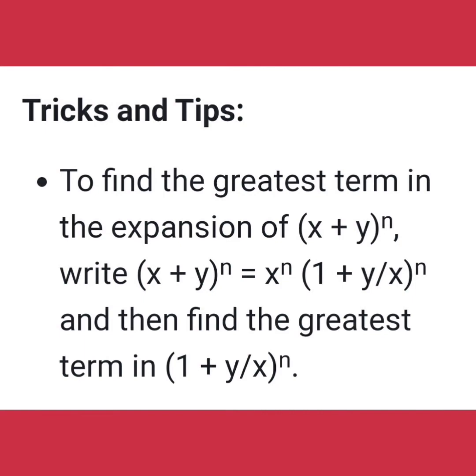So you can find the greatest term in (1 + y/x)^n. That will be the greatest term in the expansion of (x + y)^n. So this type of tricks and tips you have to keep in mind when you are solving the problems.